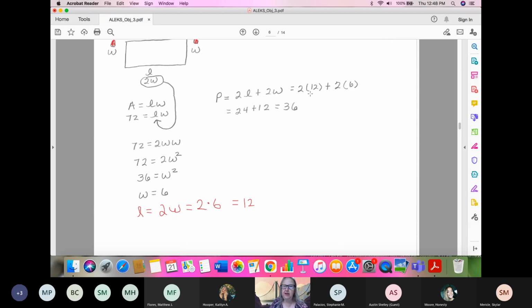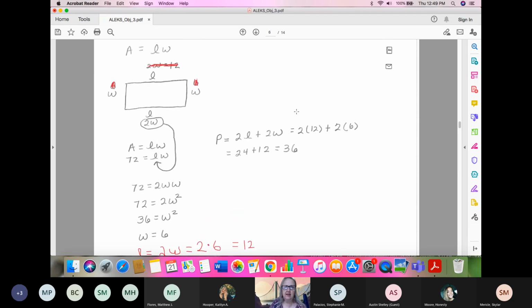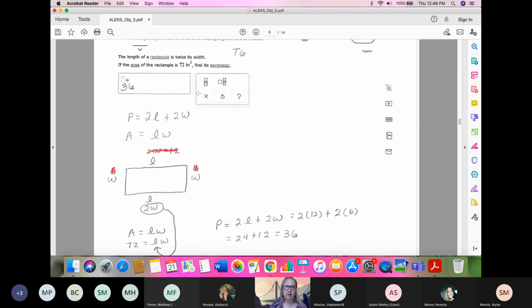Just did this calculation. 2 times 12, 24. Plus 2 times 6, 12. When we add 24 and 12, we get 36. 36 is the perimeter. 36 inches is the perimeter.